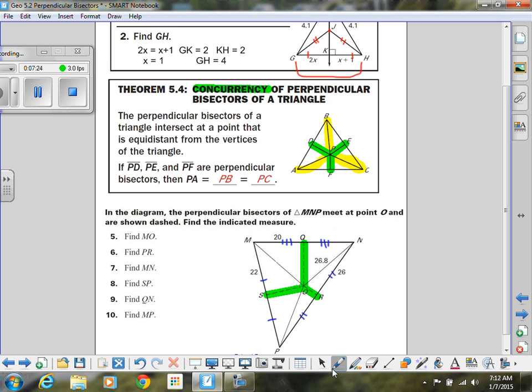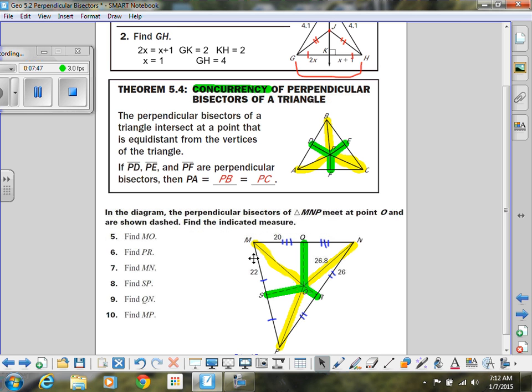All right, now we also said from our concurrency theorem that O is going to be the same distance away from all of those vertices of the triangle. So MO, NO, and PO are all the same length. So I'm not going to mark those congruent, we'll just know that those yellow lines are all the same. So if I know that's the same, then let's go over here.